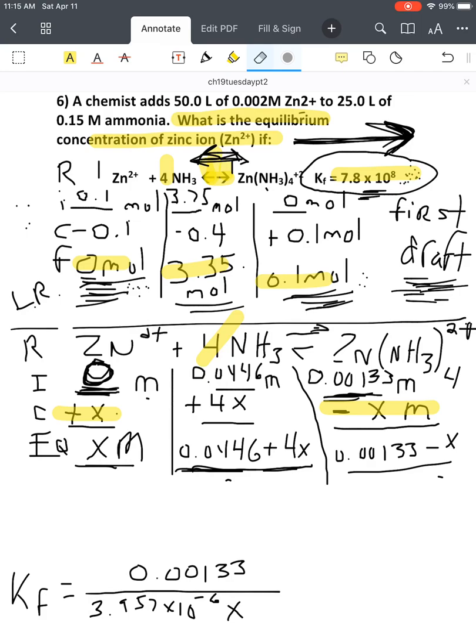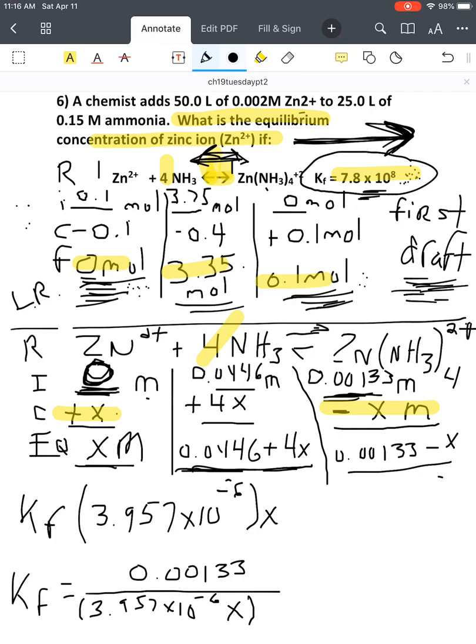So to clear that denominator, my next step is going to be to multiply both sides by that term. If I do that, I'm functionally going to have kf, which is a number, times 3.957 times 10 to the minus 6 times x, and that's going to equal 0.00133.